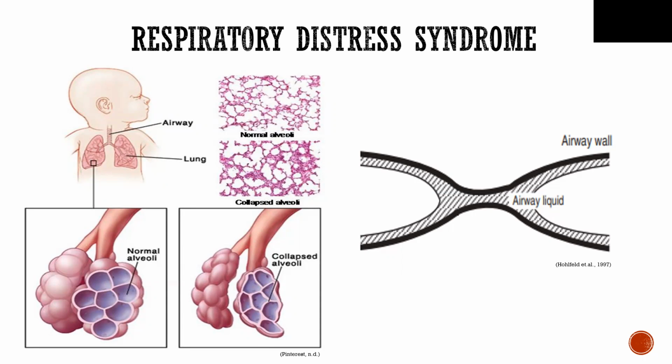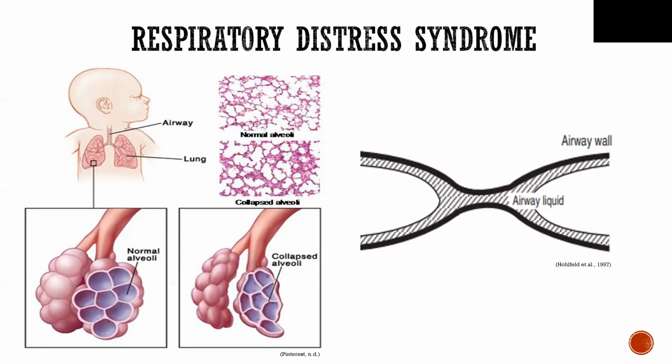It shows some images of normal alveoli and collapsed alveoli, including images of a stain biopsy with normal and abnormal staining. Below it, you will see a digital graphic description of how these conditions, normal and abnormal, would look in vivo.